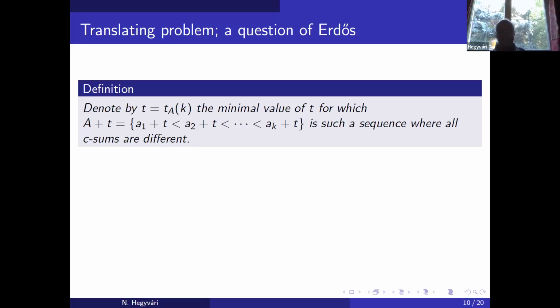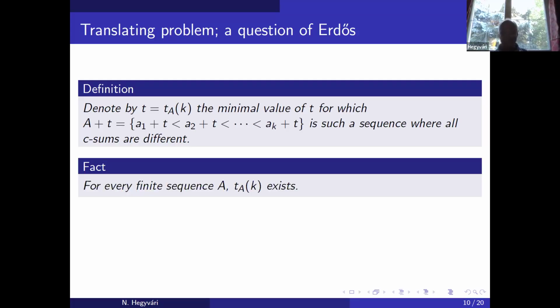So denoted by T, it depends on the set A and the length of the sequence A, the minimal value of T for which, if we translate the sequence, then the consecutive sums are pairwise different.